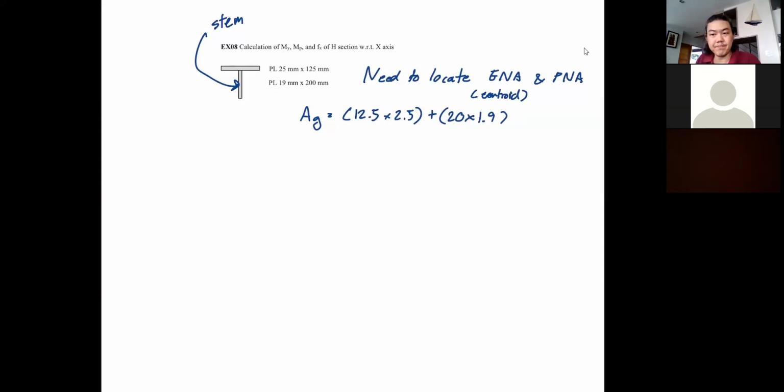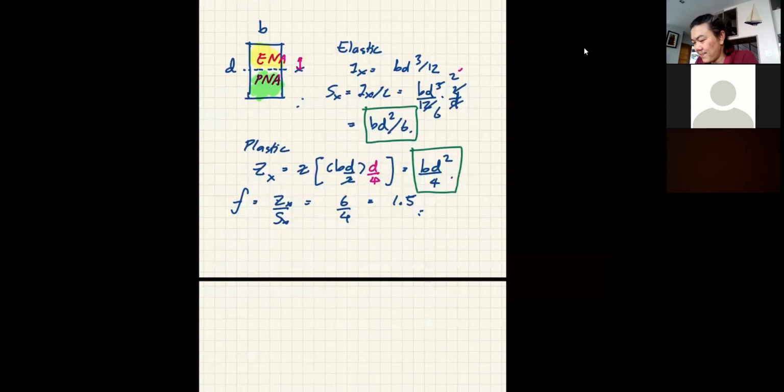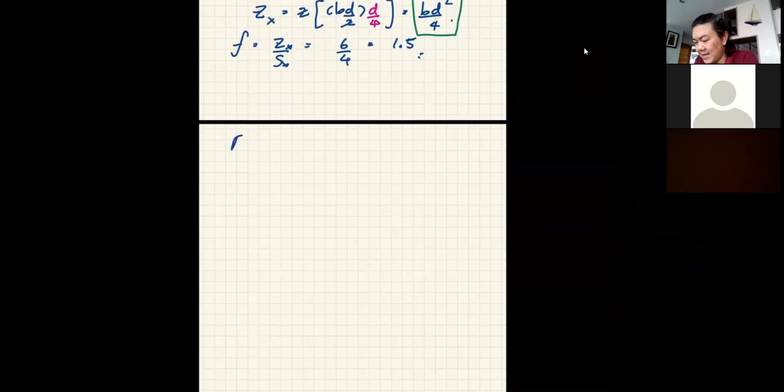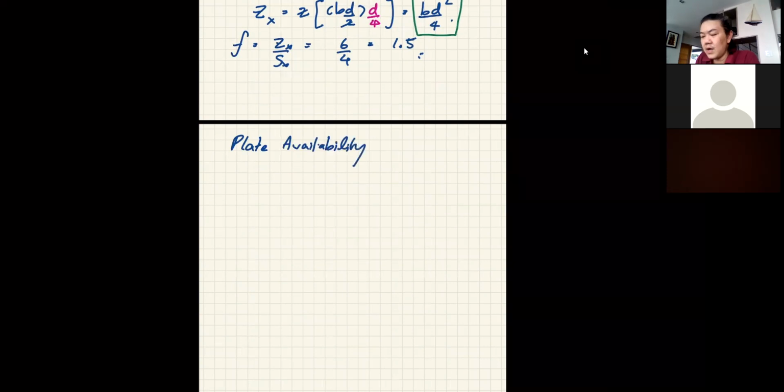When you encounter the situation where you need to select the size or the thickness of the plate, generally I should write somewhere, the plate availability in the open market where you can order things, it comes with the increment of 3 millimeters.